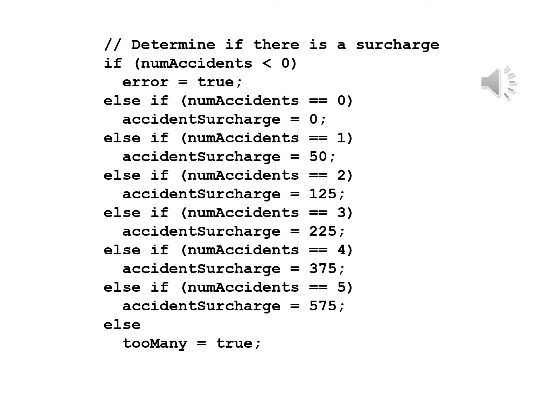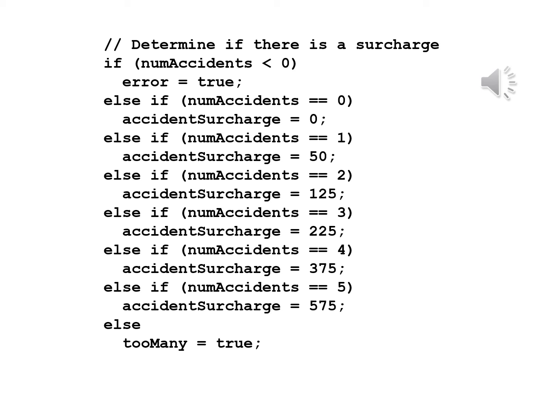Next, let's determine if there is a surcharge for accidents. If numAccidents is less than 0, error = true. Else if numAccidents is equal to 0, accidentSurcharge = 0. Else if numAccidents equals 1, accidentSurcharge = 50. Else if numAccidents equals 2, accidentSurcharge = 125.